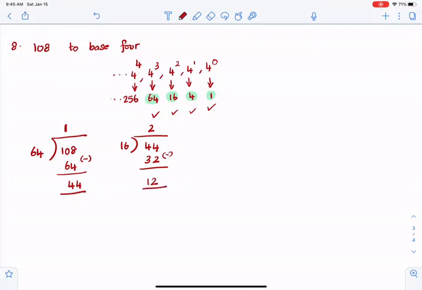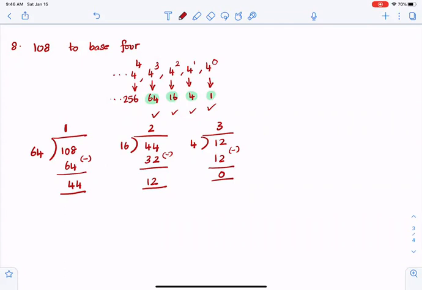Still have a remainder. So 12, 4 times 3 is 12. Subtract, get 0. Since I get a remainder of 0, this is slightly different from the previous problem where we didn't have a remainder of 0.